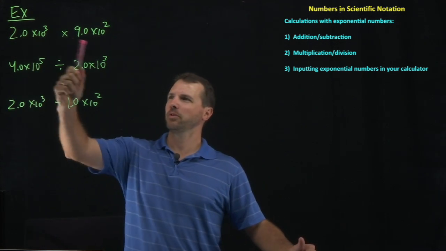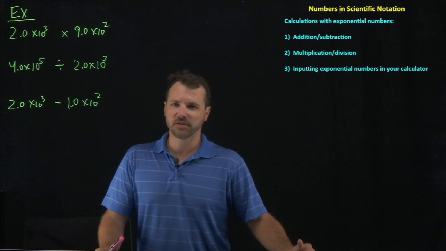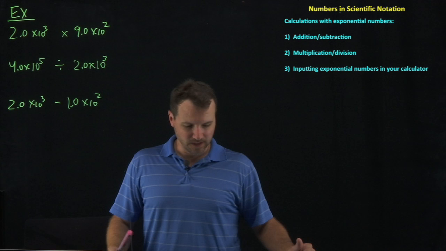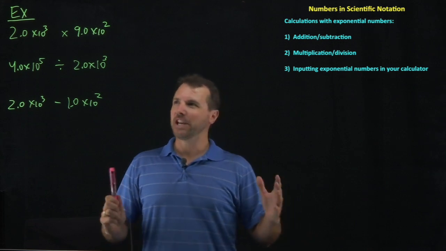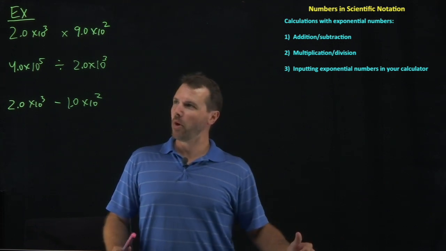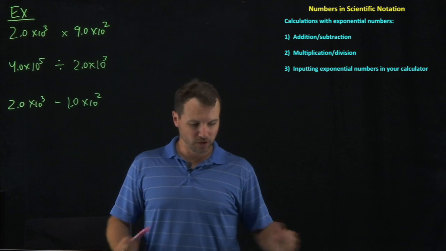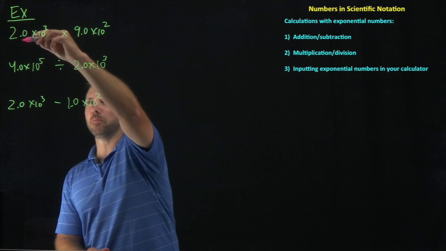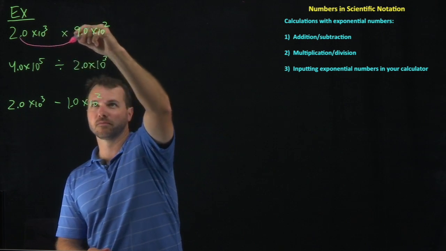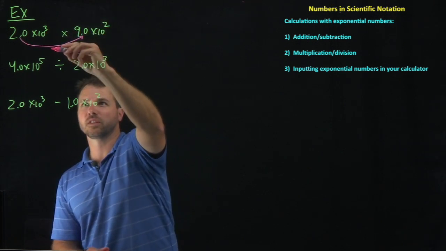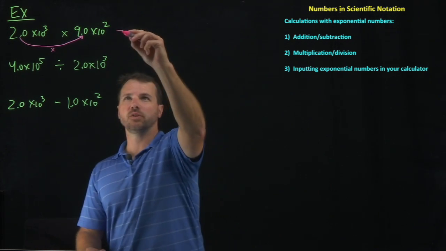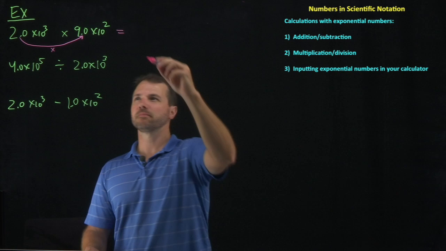So the first example, we're going to multiply these two numbers: 2 times 10 to the third times 9 times 10 to the second. If you're not using the exponent form on your calculator, you would, of course, multiply the two numbers, which would give you 18.